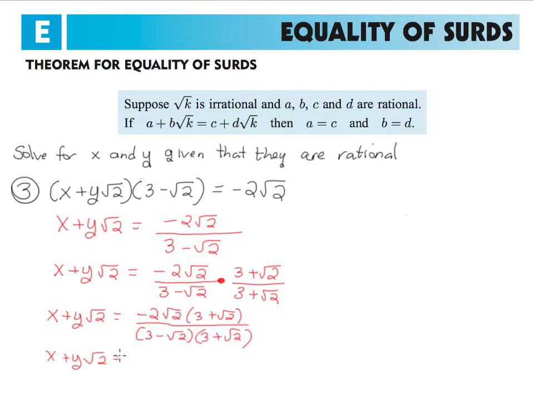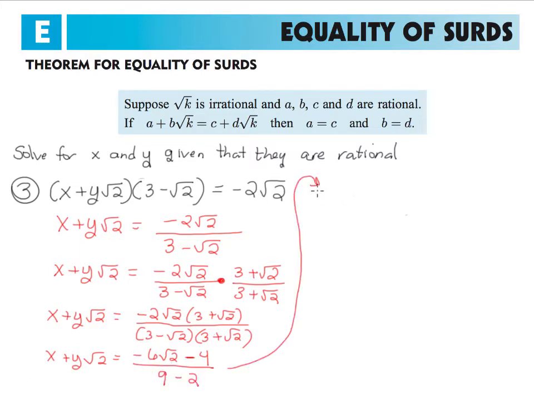On the top here, we should use our distributive property. That'll give us negative 6, the square root of 2, minus 2 times 2, which is negative 4, over, that's the difference of squares, so 9 minus 2.